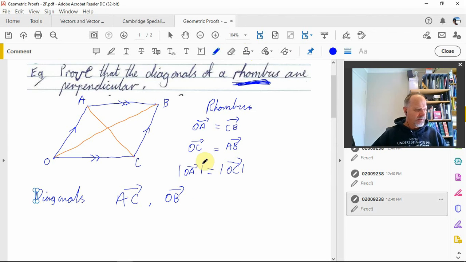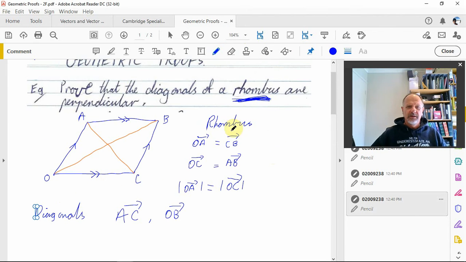So now what we need to do, and it's saying here, prove that they're perpendicular. What we know about perpendicular vectors is that if perpendicular, then AC dot product with OB must be equal to 0.